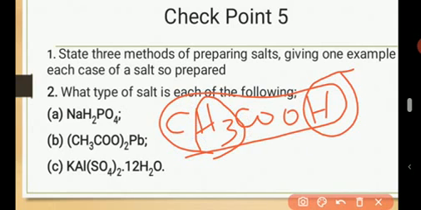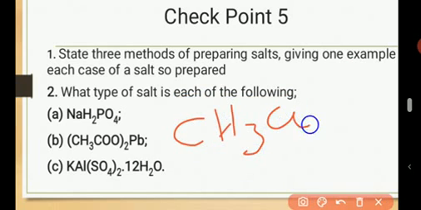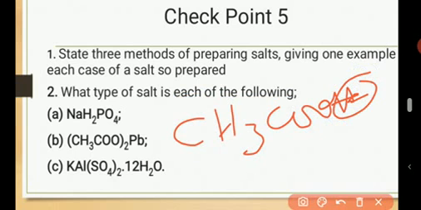Any hydrogen joined to carbon with a single bond is not ionizable. So only that hydrogen in front of oxygen, this COOH hydrogen, is replaceable, and it has been replaced by lead.